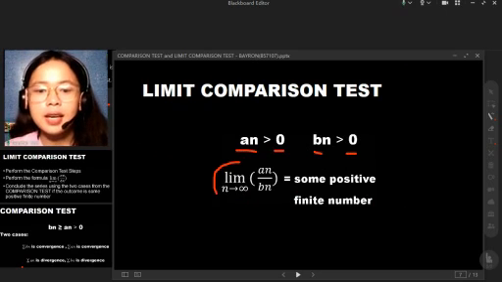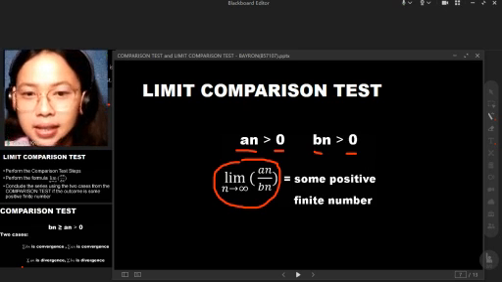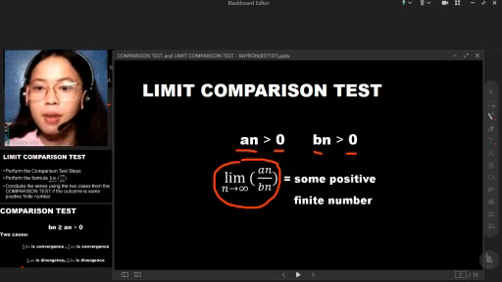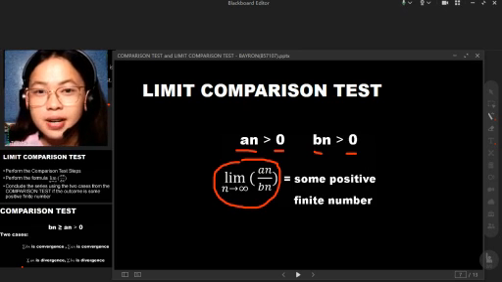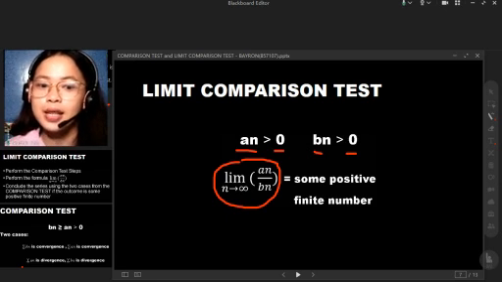So this is our formula in performing the limit comparison test. And if the outcome of it was a positive finite number, then we can establish the two cases in the comparison test.